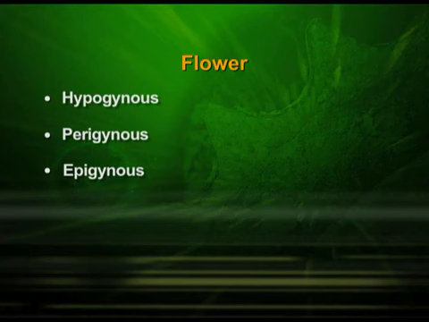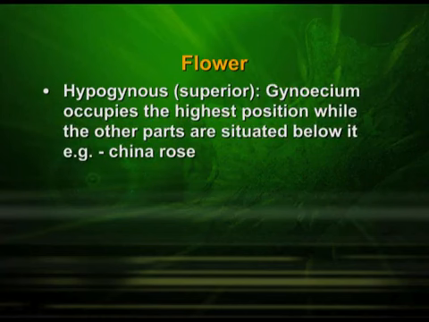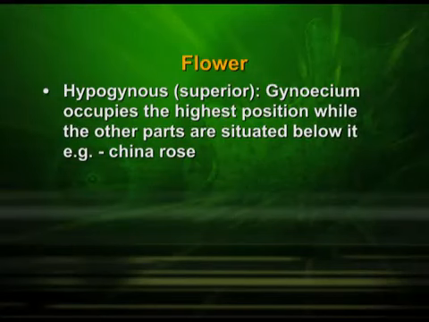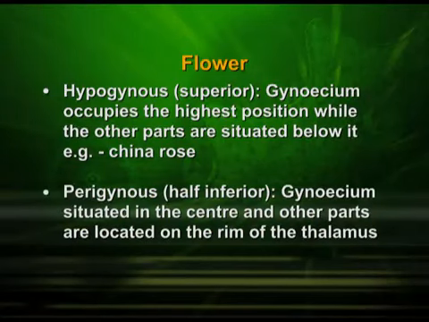Hypogynous flower. In a hypogynous flower, the gynoecium occupies the highest position, while the other parts are situated below it. If this is the gynoecium, the other portions will be situated below the gynoecium. In perigynous flower, which is also called half inferior, the gynoecium is situated in the center and the other parts are located at the rim of the thalamus.